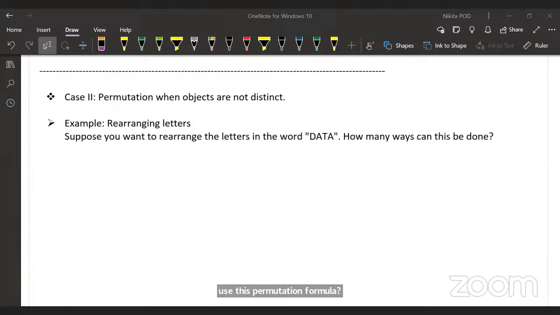So what will happen here? We divide by the number of alike objects, divided by common parts: 4 factorial by 2 factorial. The answer will be 4 factorial upon 2 factorial.